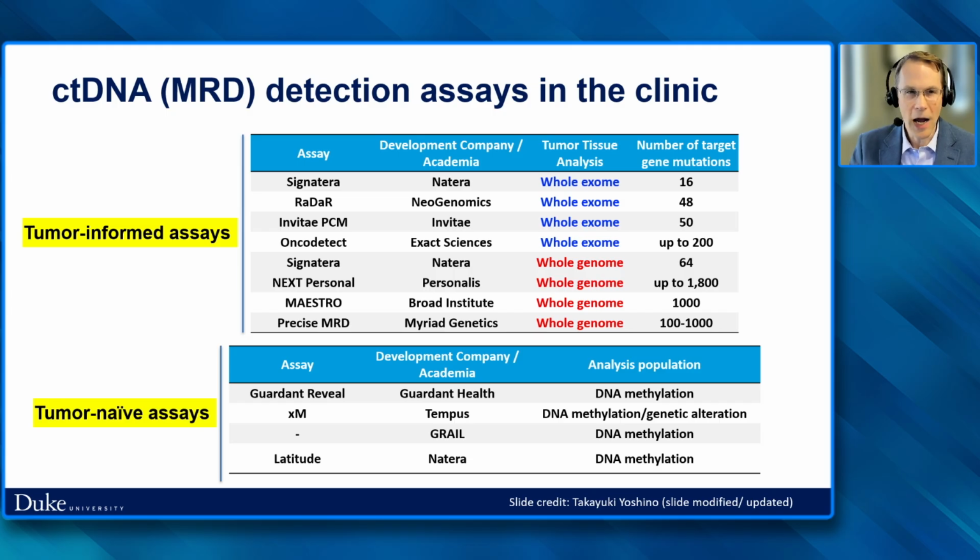But I will say we've not had head-to-head comparisons between these assays to know which is best, because we're not just interested in sensitivity, we're interested in specificity, making sure that when you have a positive result, it actually indicates cancer and it's not a false positive, because ultimately these have major impacts on patient outcomes.